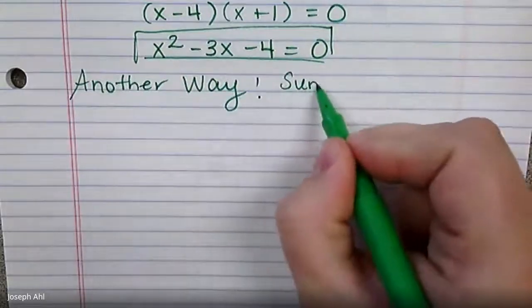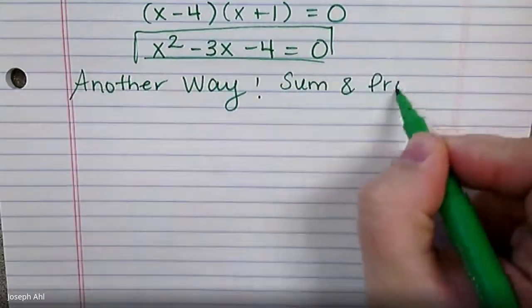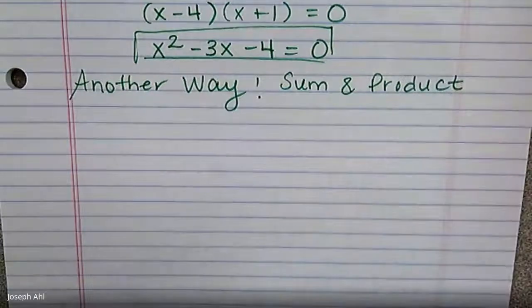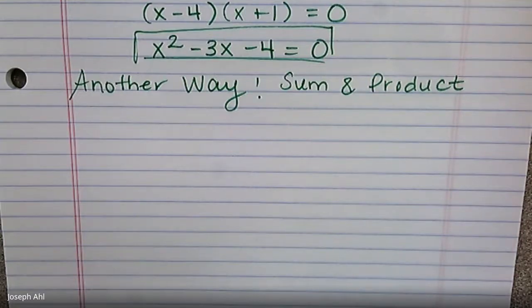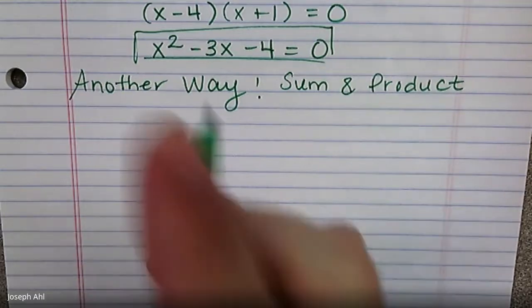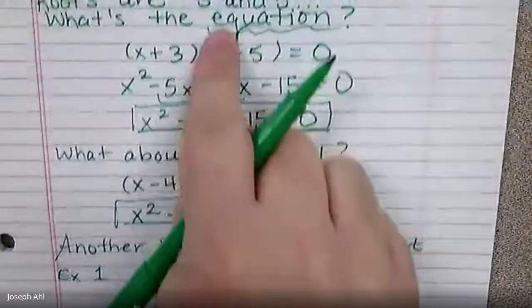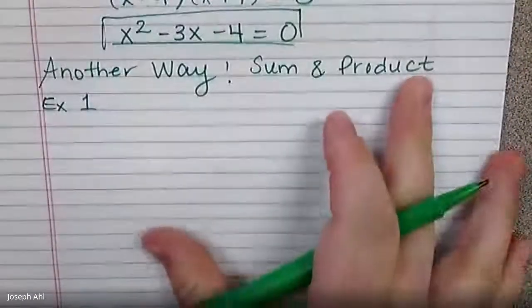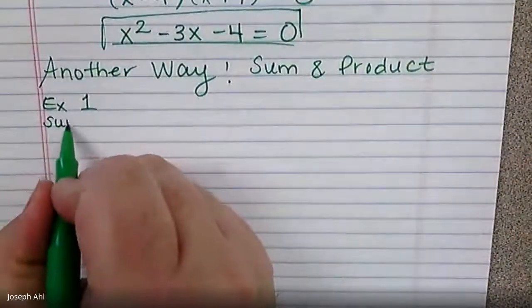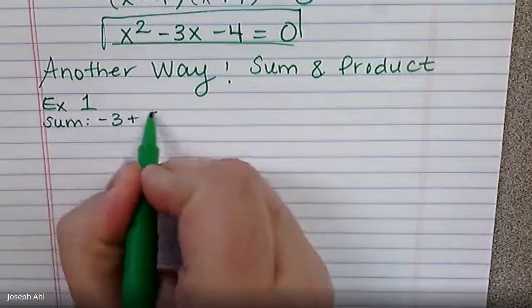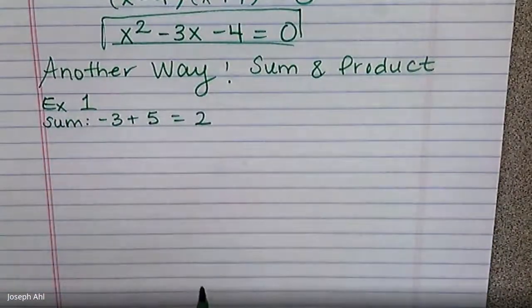And that other way that I'm going to show you is dealing with the sum and the product of the roots. So this might be something that you learned last year in Algebra 2 or Algebra 2 Honors. If you don't quite remember it, here's what's going on. From example 1, when the roots were -3 and 5, if you find the sum of the roots, -3 plus 5, that equals 2.